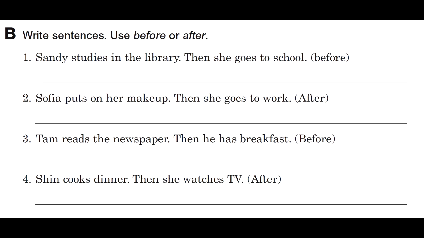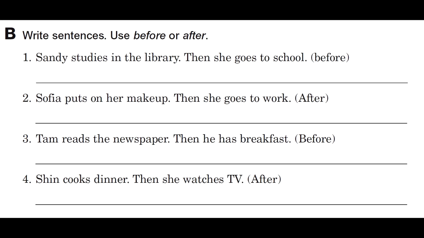Number 3, Tam reads the newspaper. Then he has breakfast. Okay, so this time we are going to use before at the beginning. So we can say, before Tam has breakfast, he reads the newspaper, because he has breakfast is the second activity.